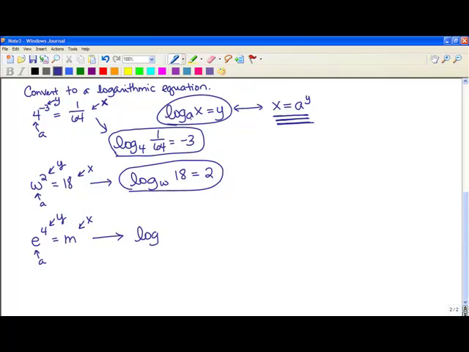Log base e of x, which is m, equals our y, which is 4. Now a log with the base of e is natural log, so this can be simplified as ln of m equals 4.